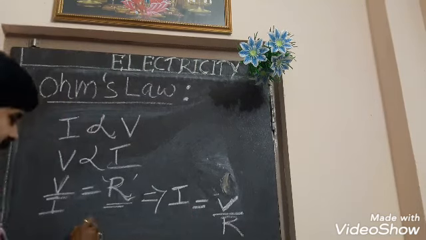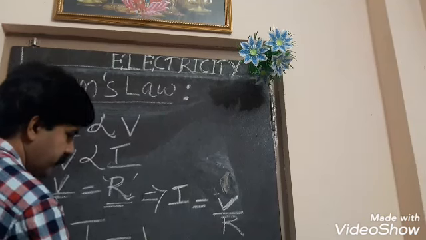You see, I will write again, I is equal to V by R.